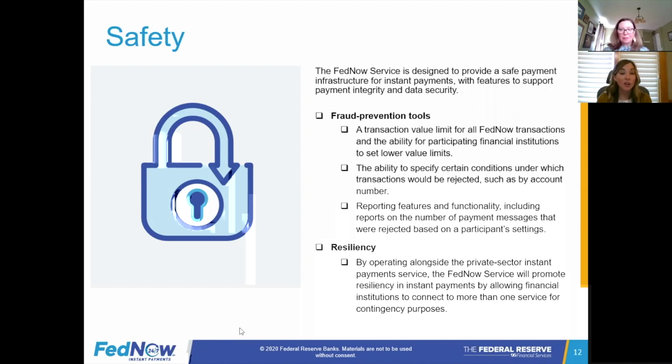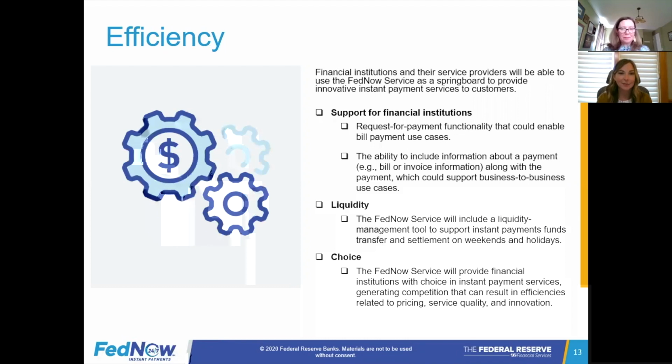Lastly, by operating alongside the private sector instant payment service, the FedNow service will promote resiliency in instant payments by allowing banks to connect to more than one service for contingency purposes. All right, we'll move on to efficiency next. So this first release of the FedNow service provides, again, core clearing and settlement capabilities to support a broad range of transaction types and use cases.